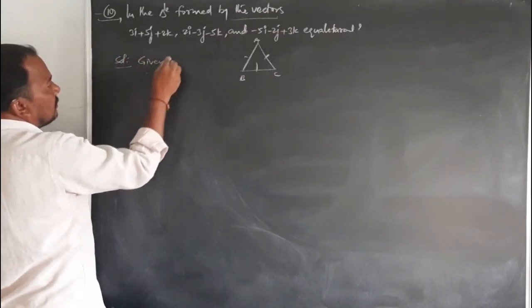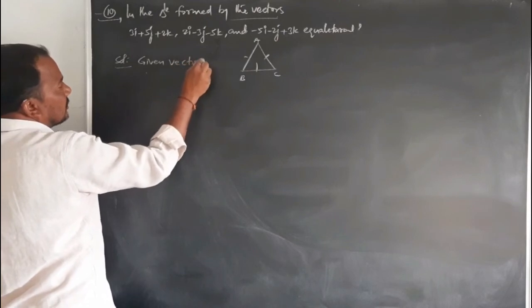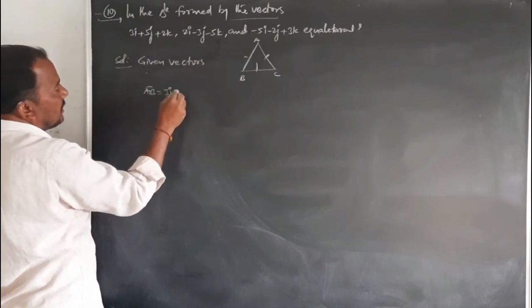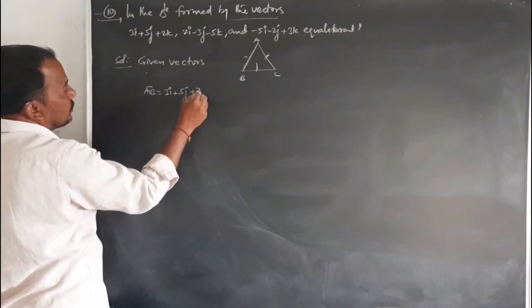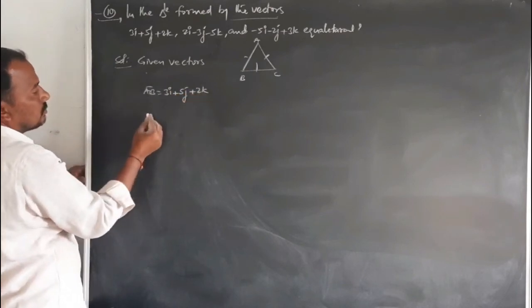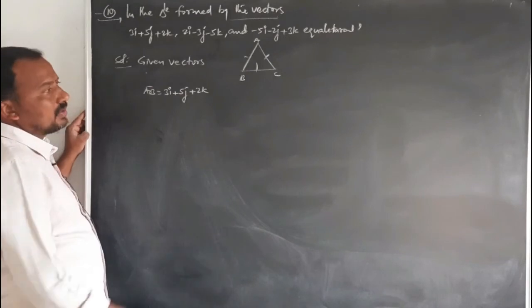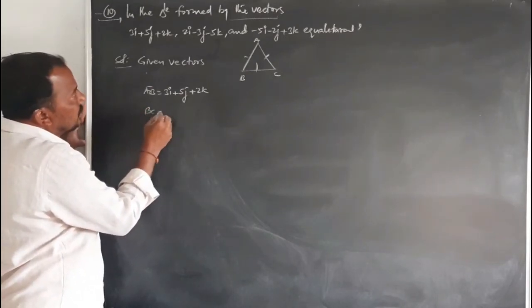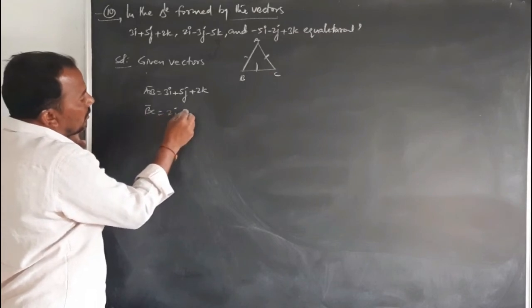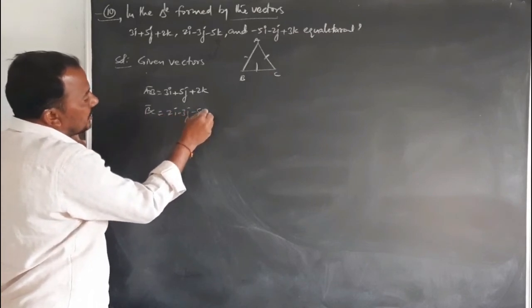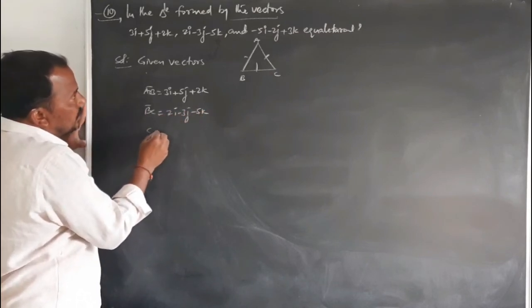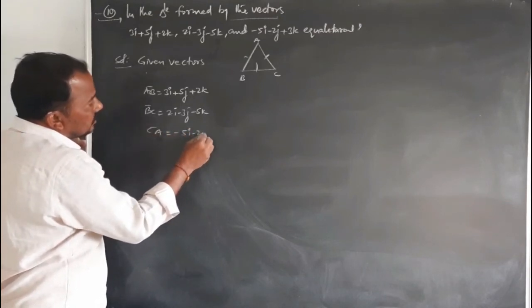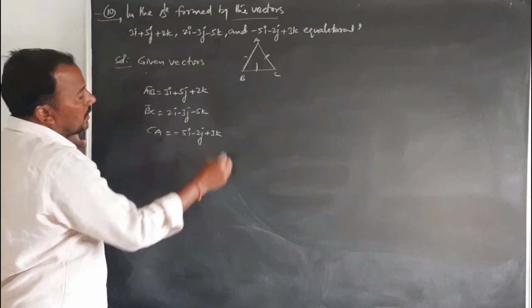Given vectors: AB equals 3i plus 5j plus 2k, BC equals 2i minus 3j minus 5k, CA equals minus 5i minus 2j plus 3k.